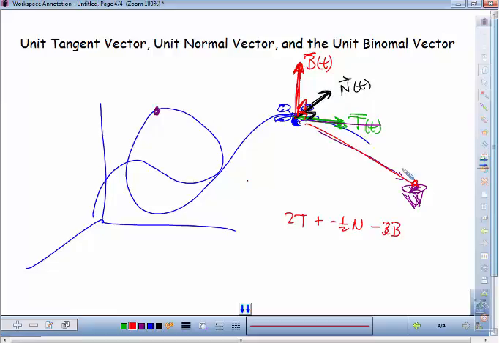So this is sometimes called the TNB frame. And named after some guy, Frenet. This is also sometimes called the Frenet frame.